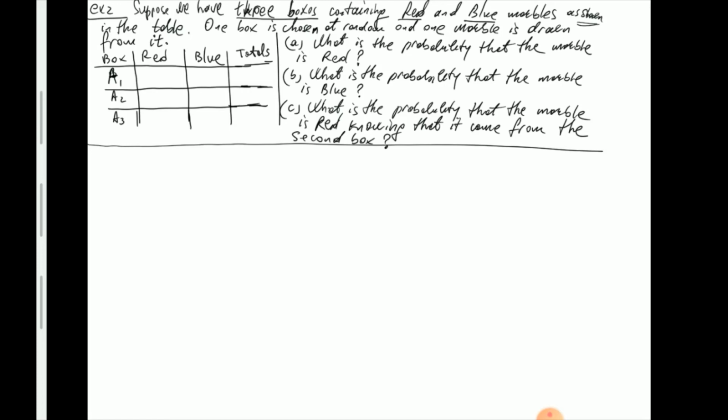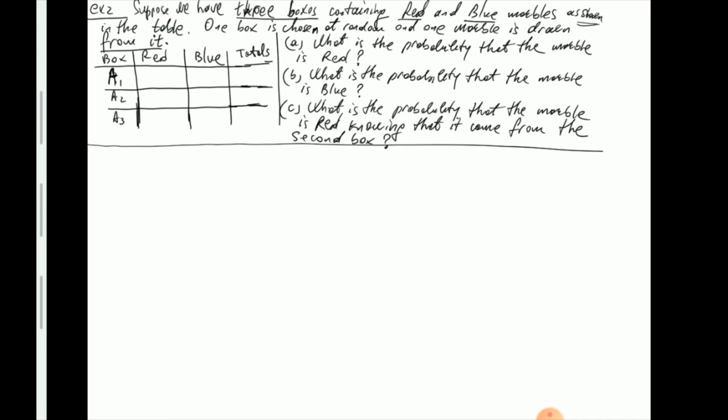And pay attention to the experiment. 1 box is chosen at random and 1 marble is drawn from it. So you pick a box at random and then from that box you choose a marble at random. So let's write the data in the table here. We're going to write down the content of these boxes by row.